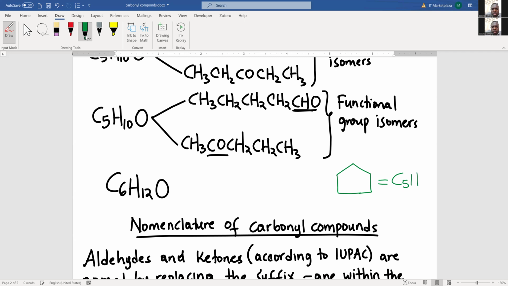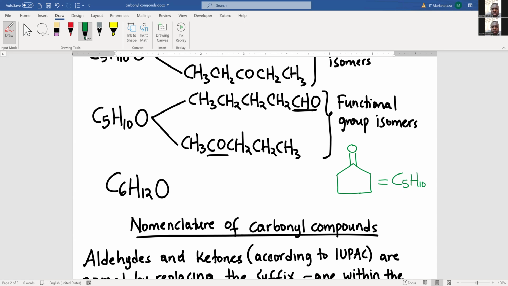So at each corner we have a carbon atom and 2 hydrogens, meaning that this is the same as C5H10, but I want C5H10 with the O. But if I introduce a double bond here, introduction of a double bond reduces the number of hydrogen atoms.